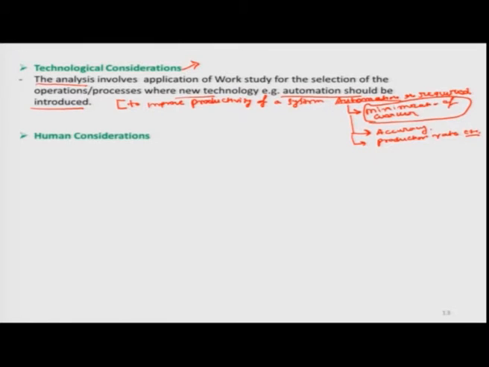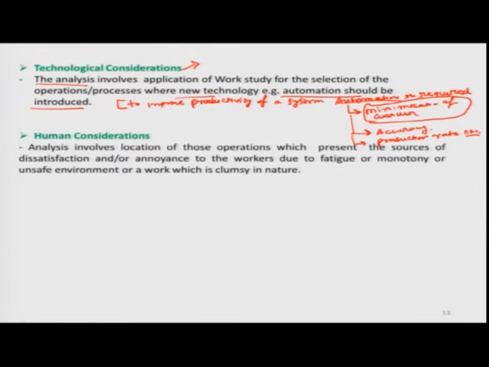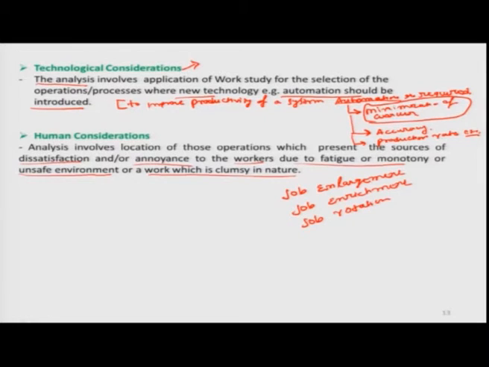Then you will have to take consideration of human beings. That analysis involves location of those operations which present the sources of dissatisfaction and annoyance to the worker due to fatigue or monotony or unsafe environment or a work which is clumsy in nature. That is why we studied in earlier slides job enlargement, job enrichment, and job rotation. Okay.